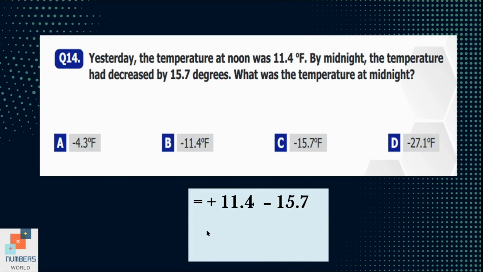So plus 11.4 minus 15.7. So plus minus minus, it means we are going to subtract the numbers, which is equal to 4.3, and the sign of the bigger number comes. So 15.7 is bigger, so minus will come with the answer. So the temperature was -4.3 degrees Fahrenheit at midnight.